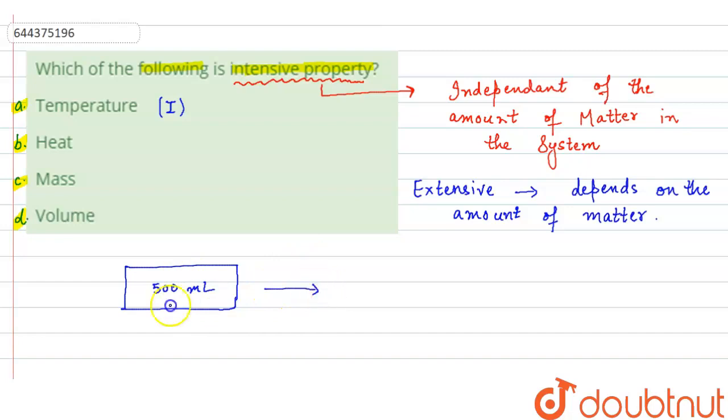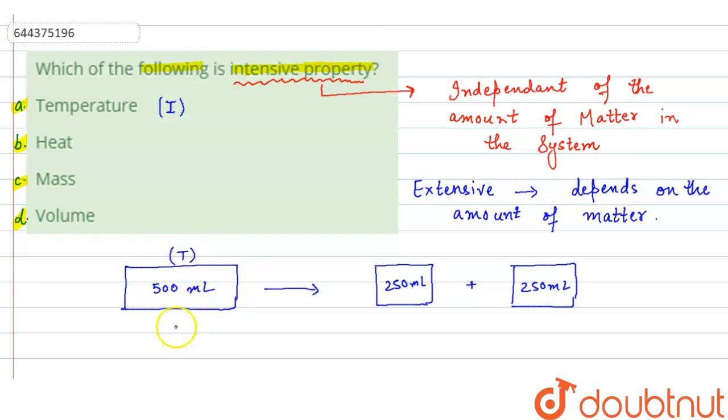Now we will divide this liquid into two containers. In one container we take 250 ml and in another container we take 250 ml. Suppose this 500 ml water has a temperature of T.